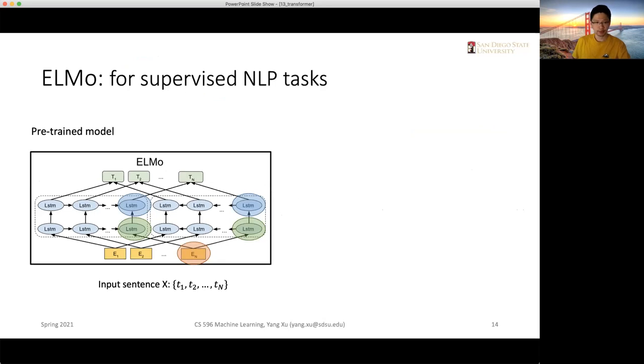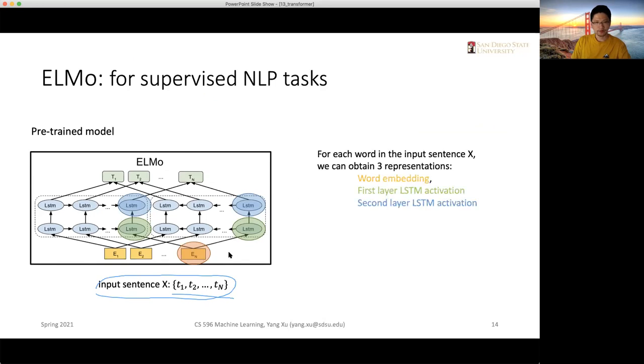For example, given an input sentence that has n words, we feed the input sentence into the model, and we will have 3 types of representations. First, for the word n, we will have a word embedding, right? That is a raw word embedding.